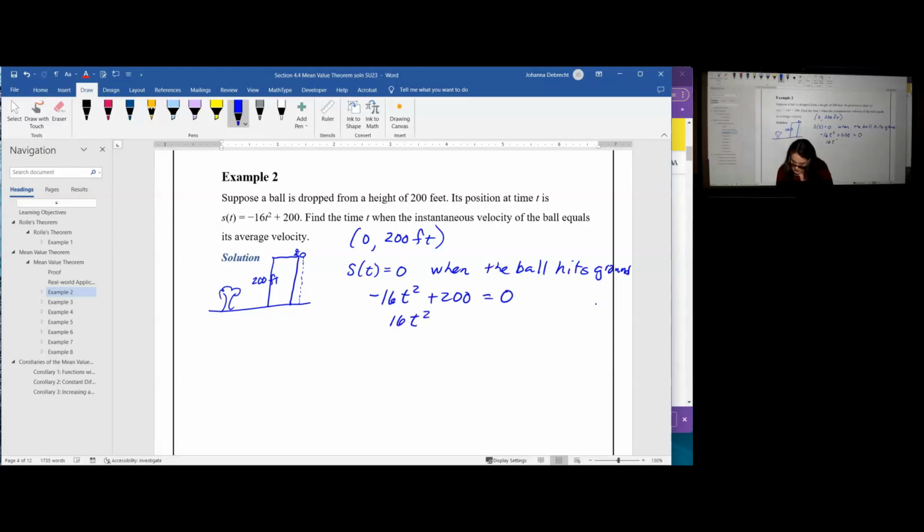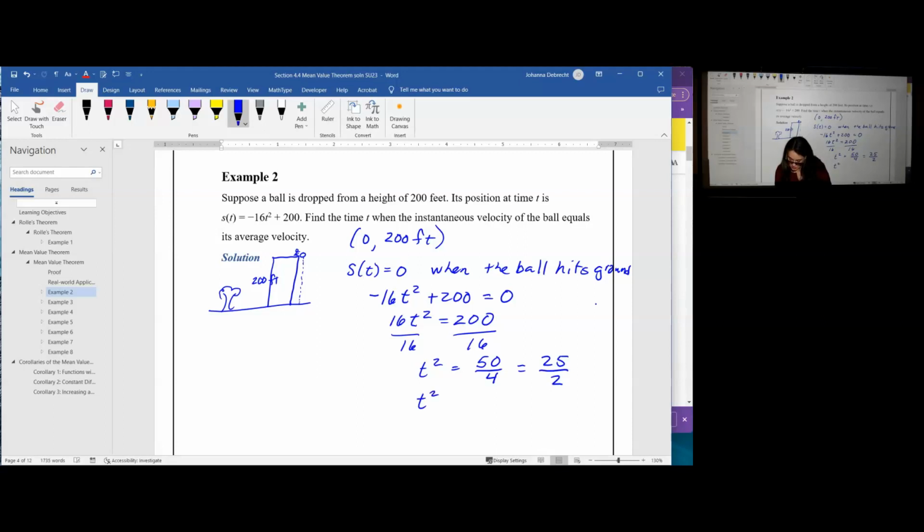Moving the 16t squared to the opposite sign, and then dividing both sides by 16, I have t squared equals 50 divided by 4, which, depending on how you want to work it, I guess you would go ahead and reduce to 25 over 2.